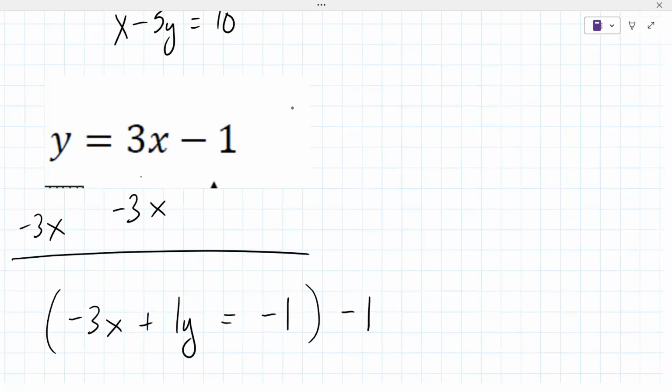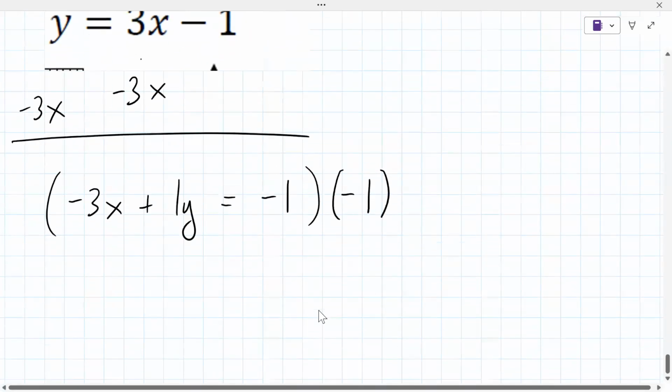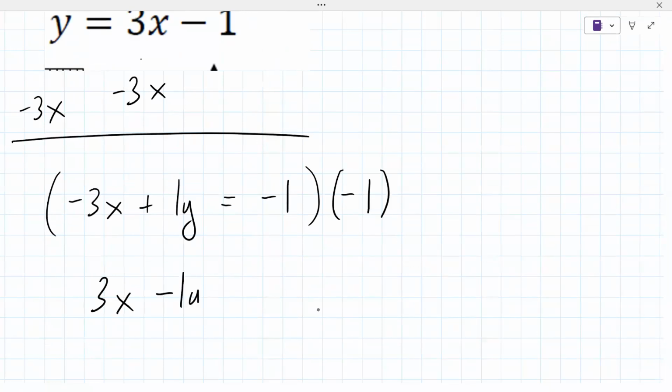Multiply by -1 now, because the leading term can't be negative, so you multiply everything by -1: 3x minus 1y equals 1. And there is your final answer.